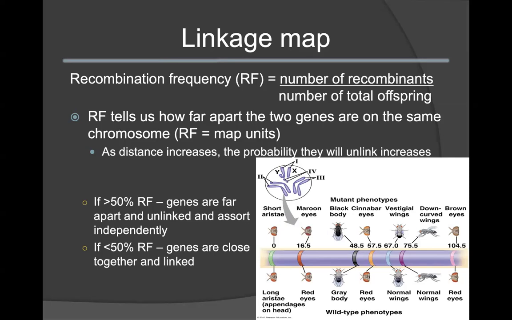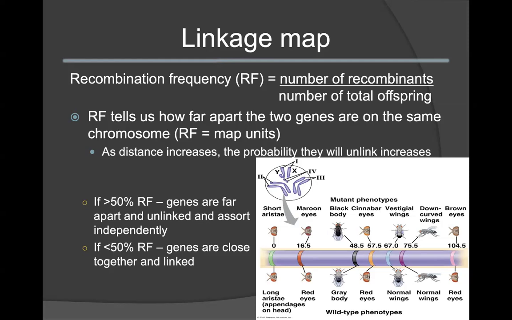Because these two genes are located so far apart, greater than 50%, on the same chromosome, if we were doing crosses with these traits, there is a high likelihood that they would undergo genetic recombination, and that means that our expected ratios would closely match our observed ratios. In this instance, between these two genes, they are more likely to jump on different chromosomes and behave as if they're assorting independently.